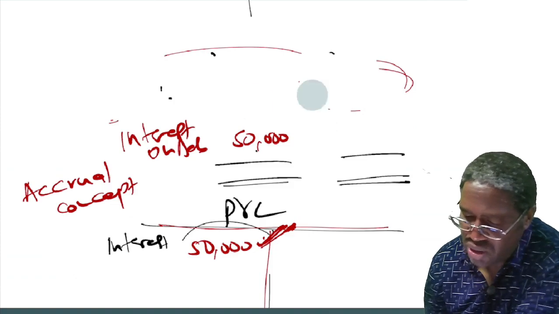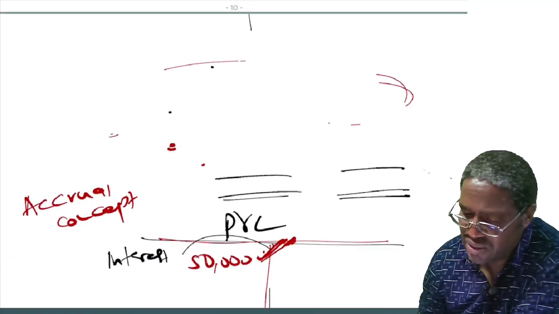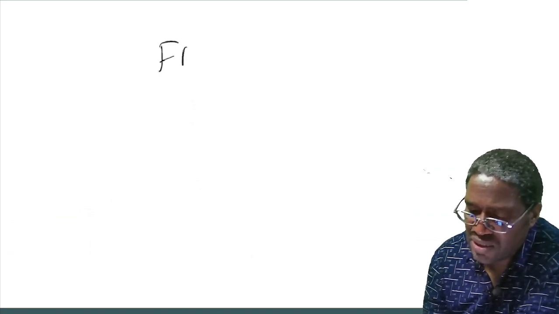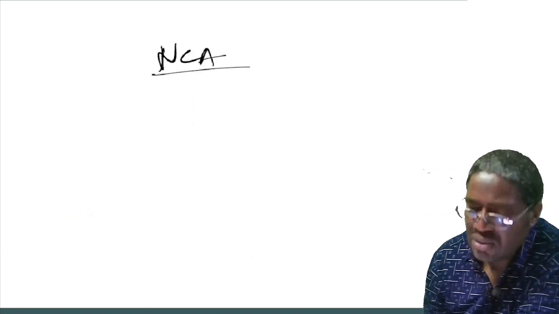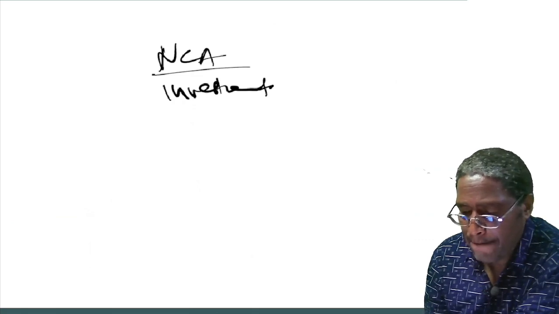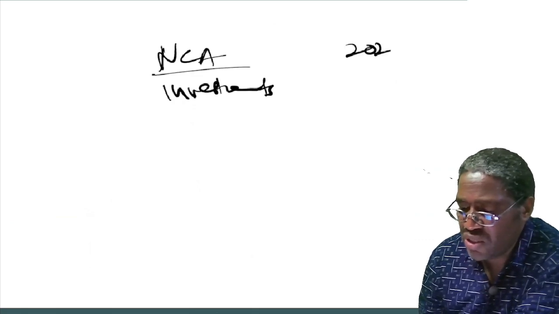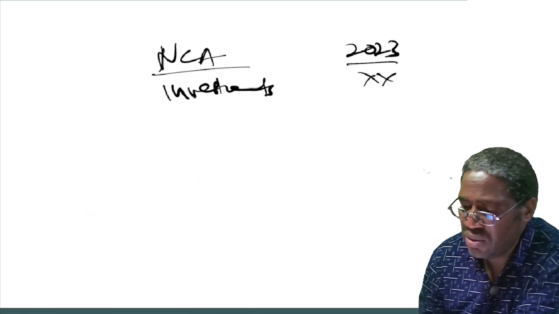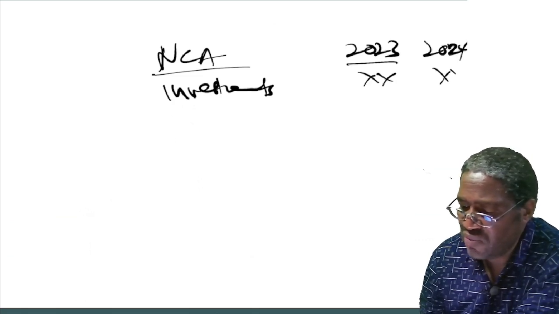It is possible. Listen to this now. Let me explain it. It is possible among your fixed assets, or what you can call non-current assets, to have investments. 2023, whatever the amount. 2024, whatever the amount.